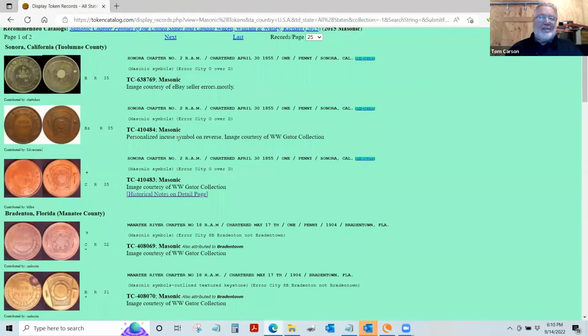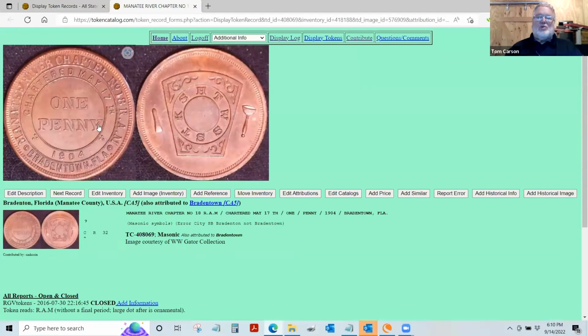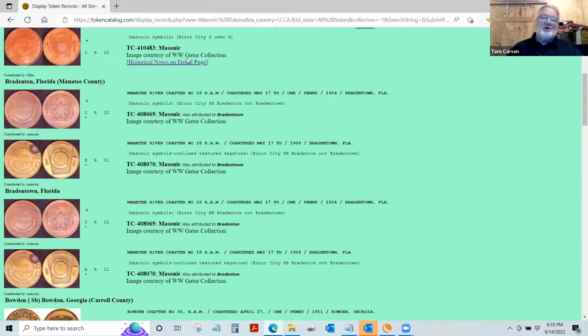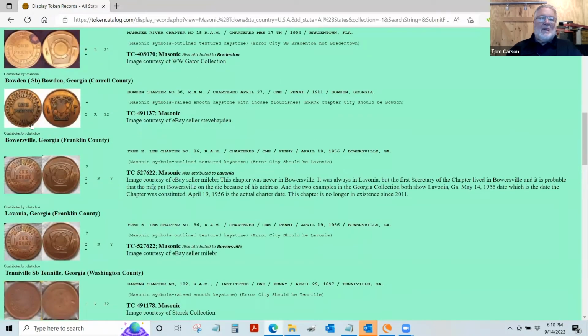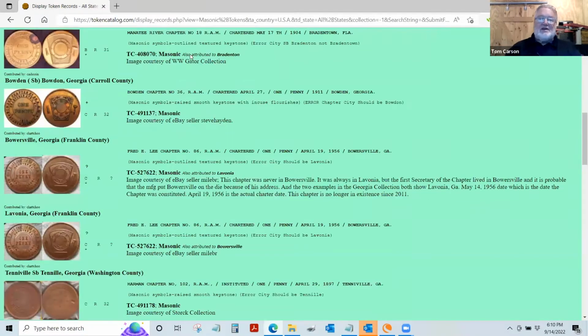You had Bradenton, Florida, they did two different ones as Bradentown, Florida, and it should be Bradenton, Florida, Manatee River chapter. Bowdoin, Georgia was spelled with an O, and this is both the chapter name and the city name are wrong because they spelled it with an E.